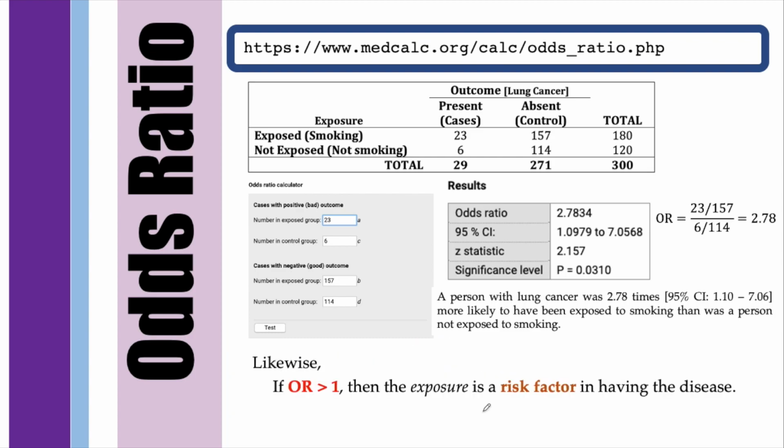Likewise, if the odds ratio is greater than 1, then we say that the exposure is a risk factor in developing a disease. In this case, since the odds ratio is greater than 1, the exposure to smoking is a risk factor in developing lung cancer. On the other hand, if the odds ratio is less than 1, then the exposure is a protective factor.